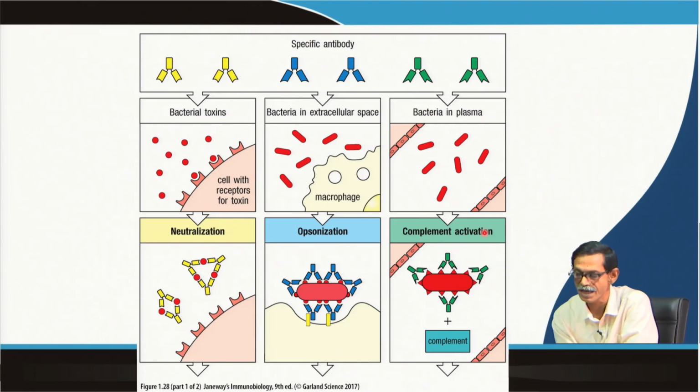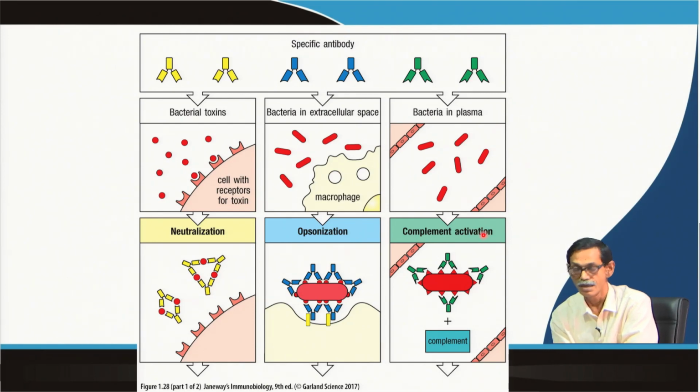As soon as bacteria is coated by antibody, the complement protein present in our blood will go and attack them. This is called complement activation. So, antibody is doing three things: first neutralization, then opsonization, then complement activation.